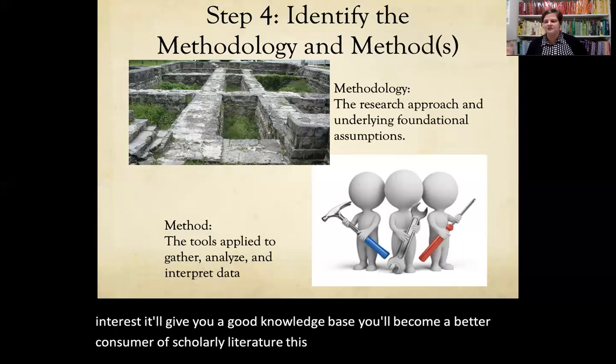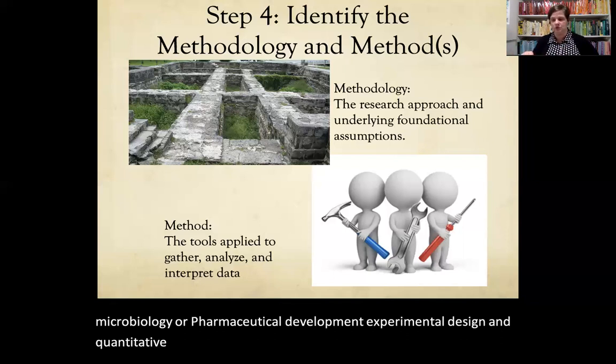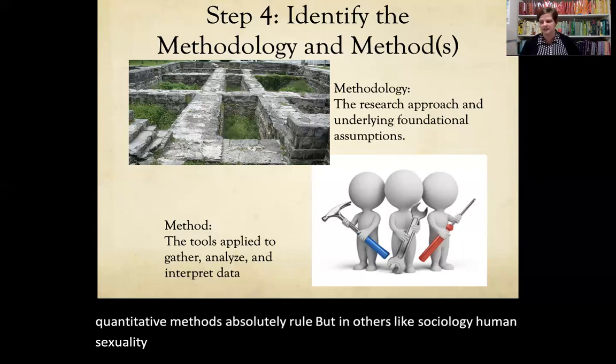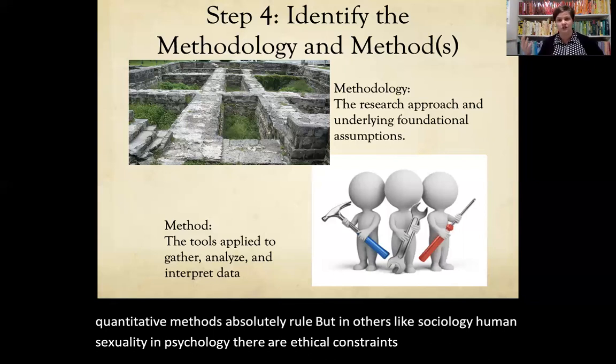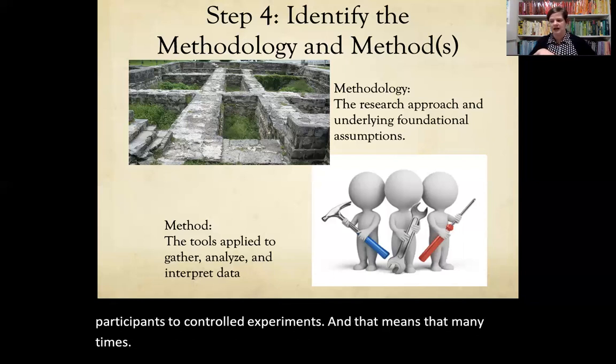In some fields like physics and microbiology or pharmaceutical development, experimental design and quantitative methods absolutely rule. But in others like sociology, human sexuality, and psychology, there are ethical constraints about subjecting participants to controlled experiments. And that means that many times qualitative approaches are now also used.